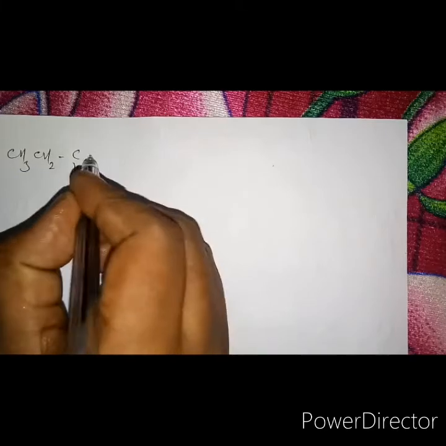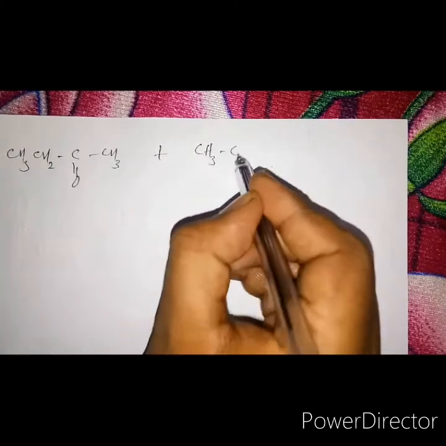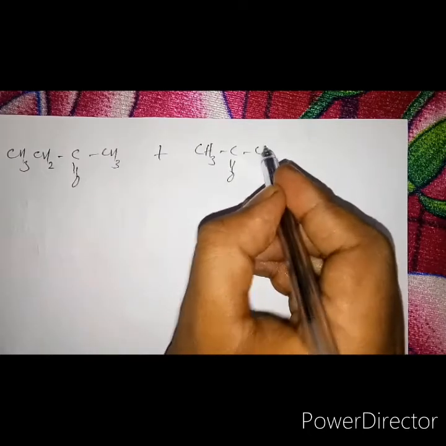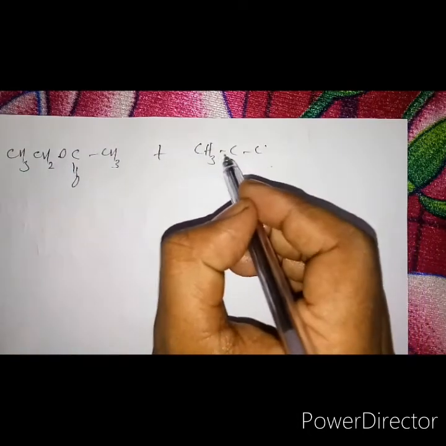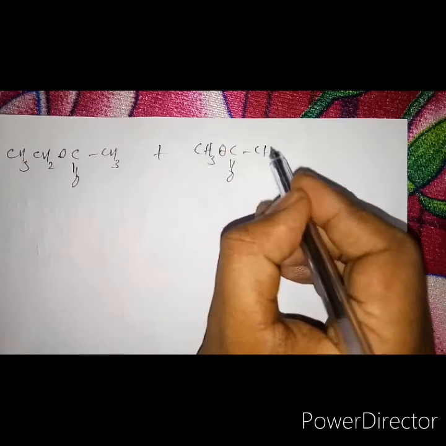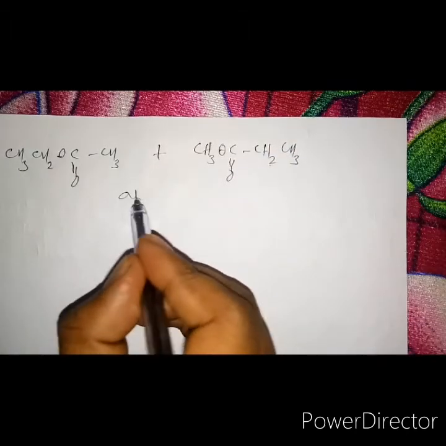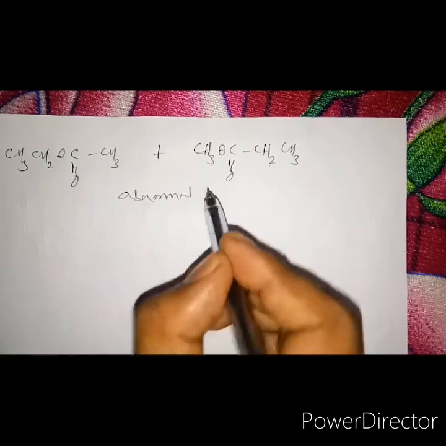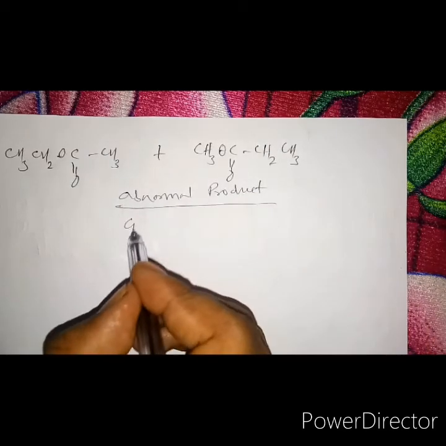So you are going to get CH3CH2, CO, CH3 plus CH3, CO, sorry, this is oxygen, CH3, oxygen, CH2CH3. So this is the abnormal product, or we can call it the crossover product.